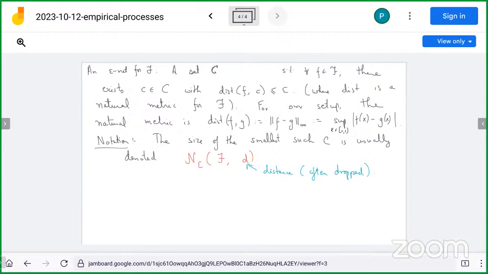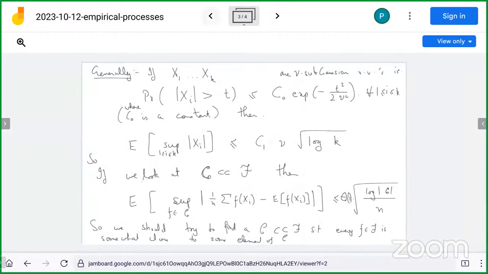Now suppose we have an epsilon net. Can you give me a better bound like this, or some bound that uses epsilon?